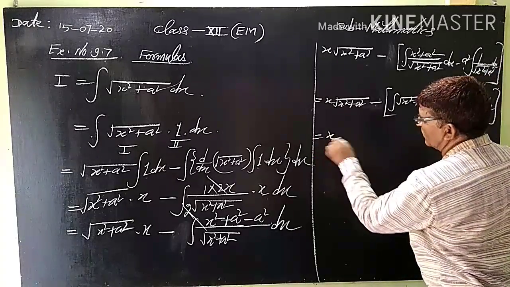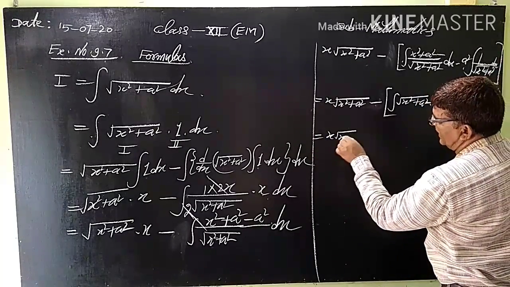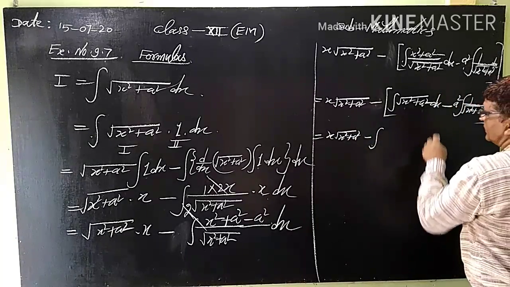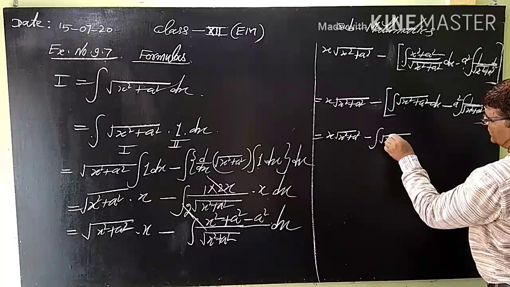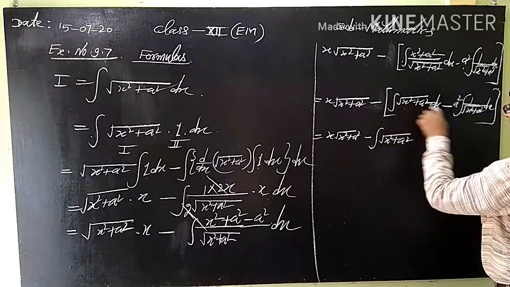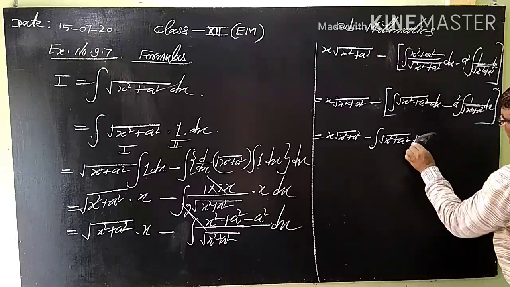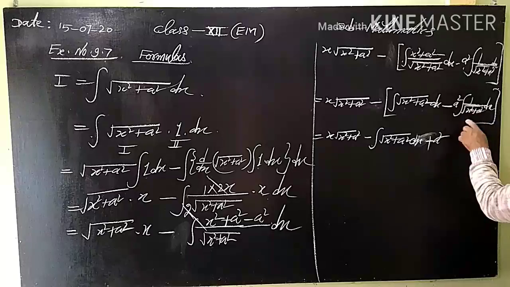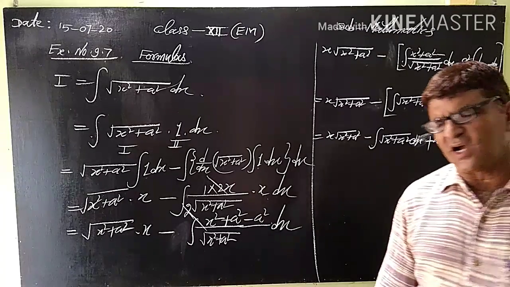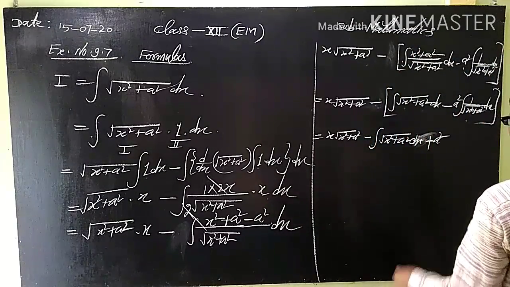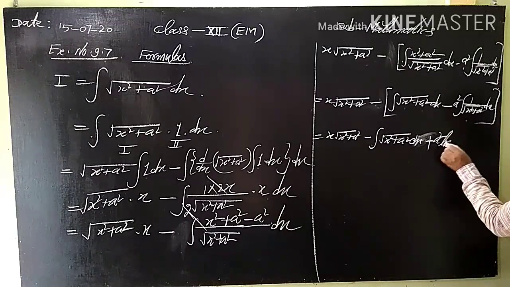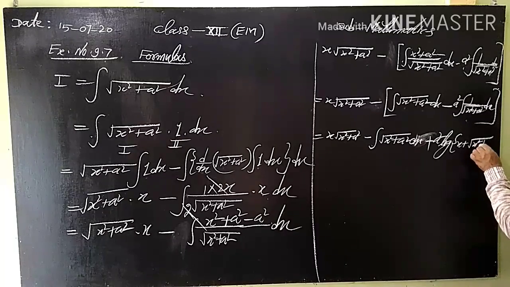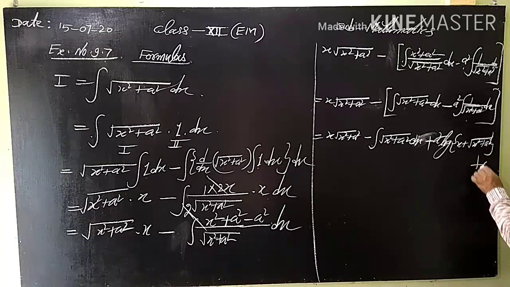It is equal to x under root x square plus a square minus integration of under root x square plus a square, minus a square, and the integration of this is a standard formula and it is equal to log of x plus under root x square plus a square plus c.